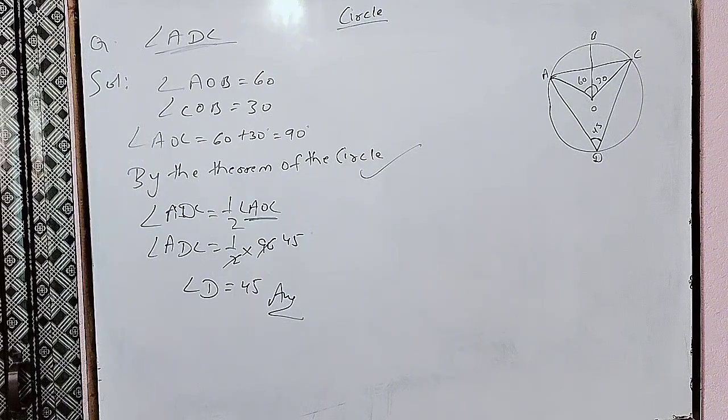Now the next question. The question is: a chord of a circle is equal to the radius of the circle.